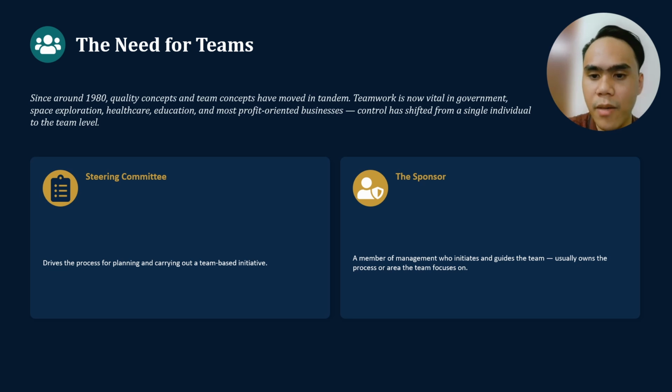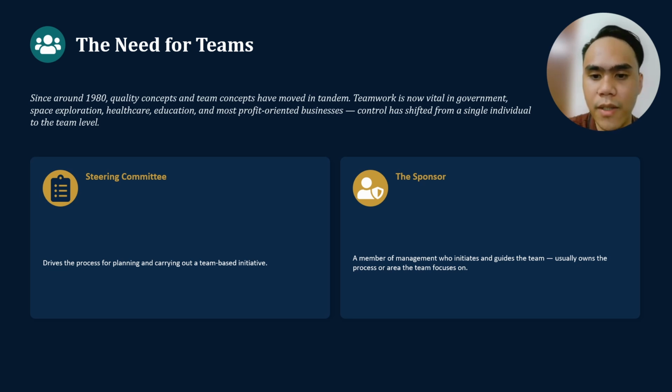A team-based environment might be initiated as part of the strategic plan or as a direct response to a specific problem the organization has encountered. Either way, there should be a defined process for planning and carrying out the initiative.